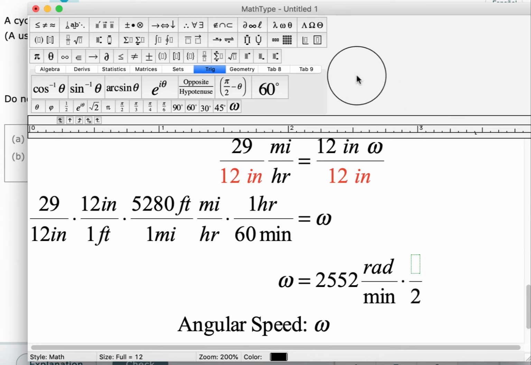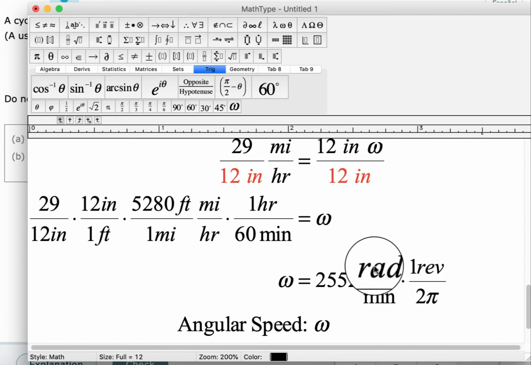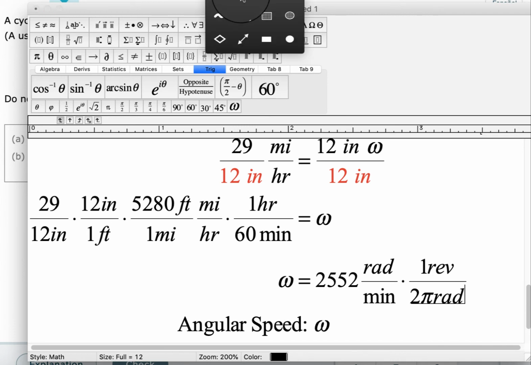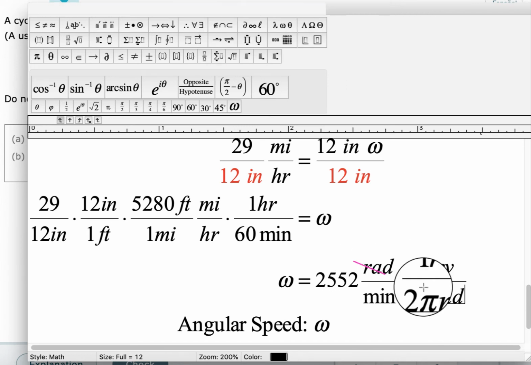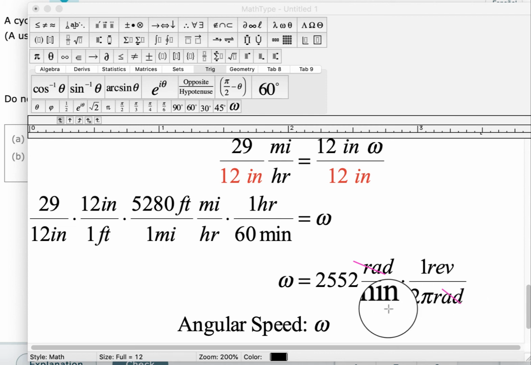So it's going to be 2 pi, and then that's going to be 1 revolution. So the radians will cancel, and now I have revolutions per minute. So once you have radians per minute, you just divide by 2 pi. If you had revolutions per minute, you would multiply by 2 pi.